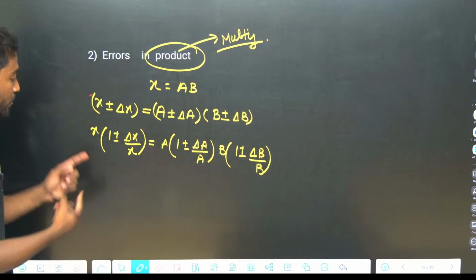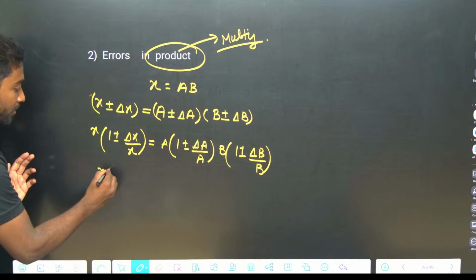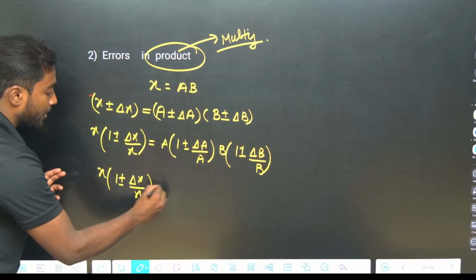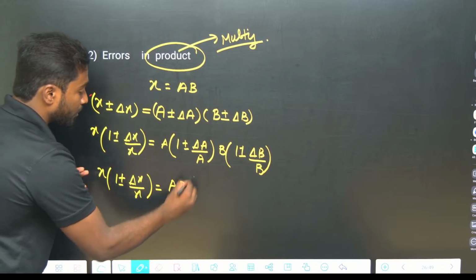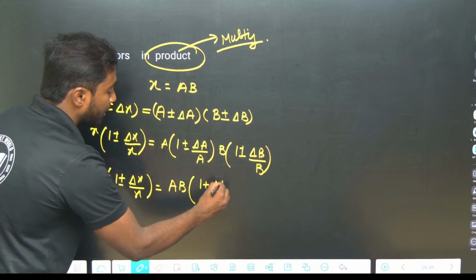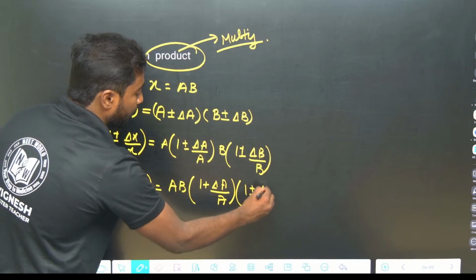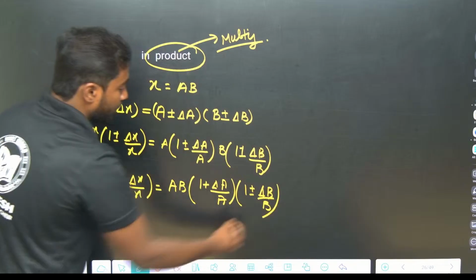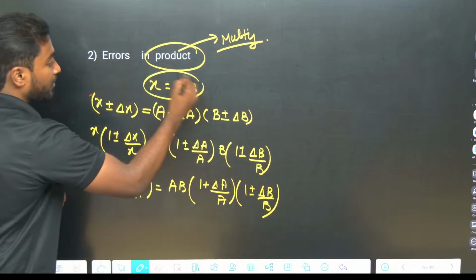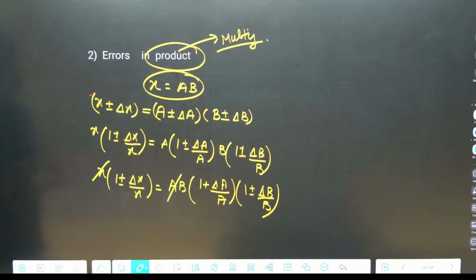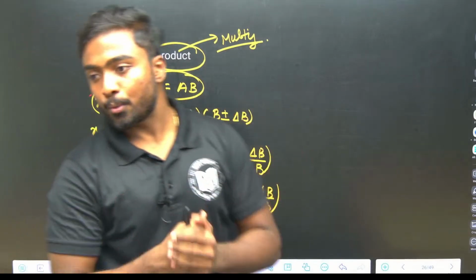So I can rewrite this equation: x into 1 plus or minus delta x by x is equal to ab into 1 plus or minus delta a by a into 1 plus or minus delta b by b. Done? So x is equal to ab, and x and ab are cancelled out from the two sides of the equation.